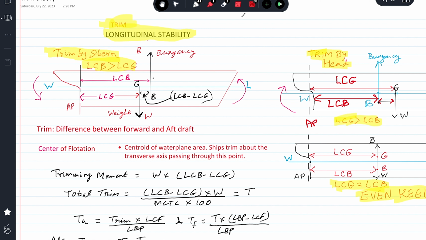If the ship is trimming by stern or by head, and we assume it must be trimming about the midship, then that is not true, because the center of flotation is the centroid of the water plane area, and on a ship it is not a rectangle. So depending upon where the centroid of the water plane area is, it may be forward of midship, it may be aft of midship at certain drafts. So ships trim about the center of flotation, about the transverse axis passing through the center of flotation.